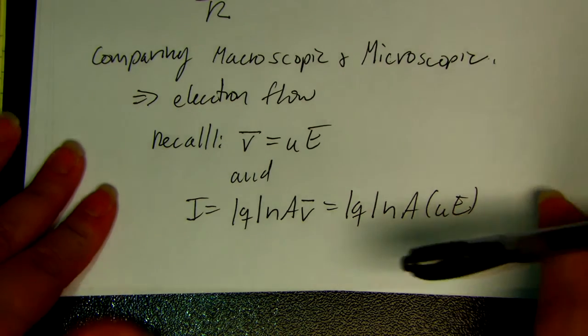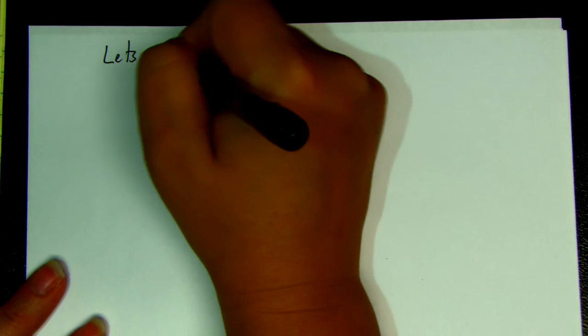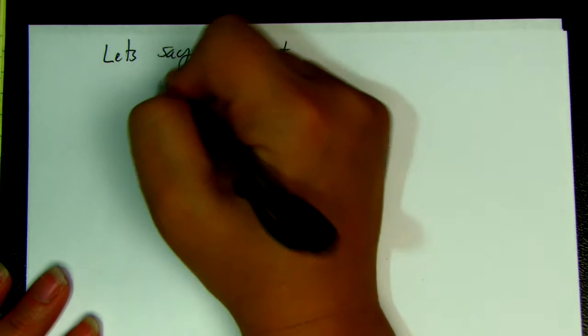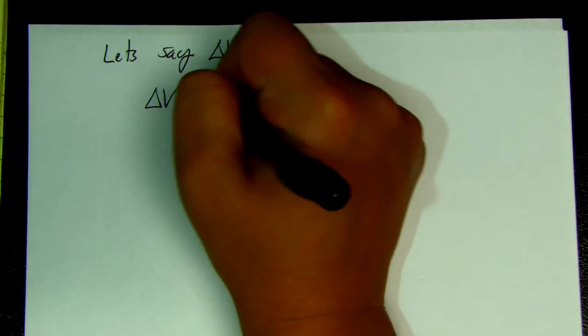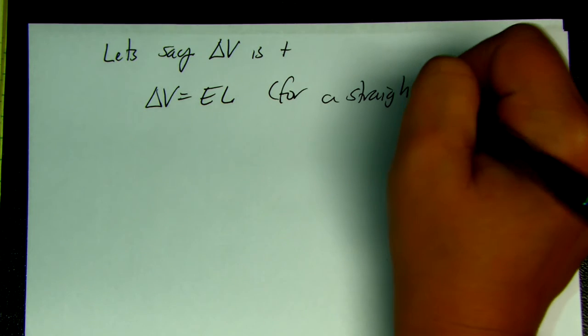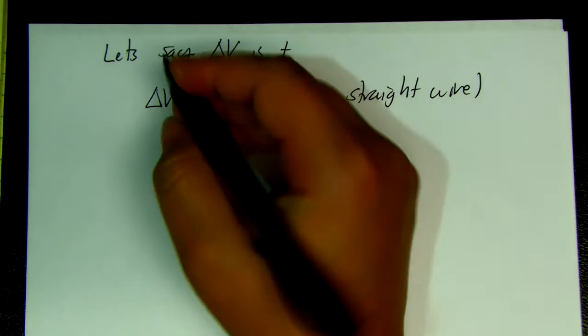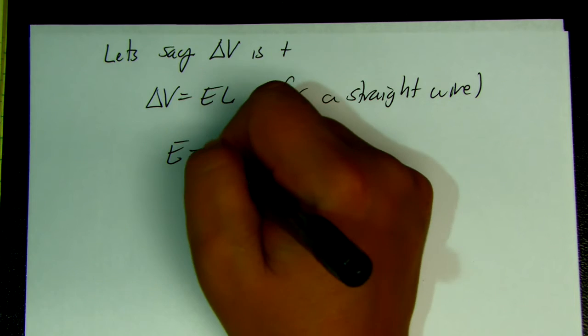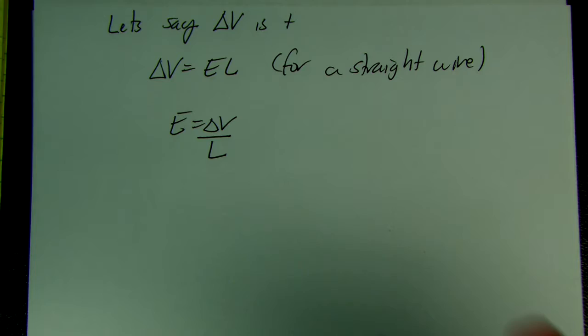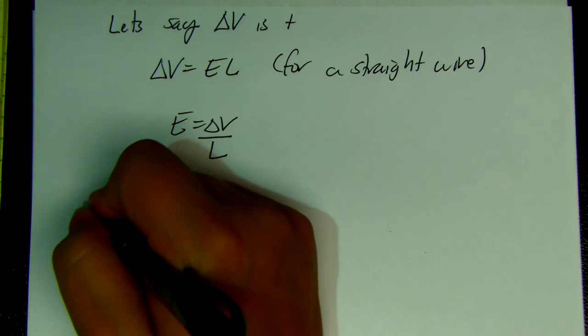All right, so let's say delta V is positive. Thus, delta V is equal to EL for a straight wire, and so the electric field is equal to delta V over L. Then we can use this in our microscopic expression of current.